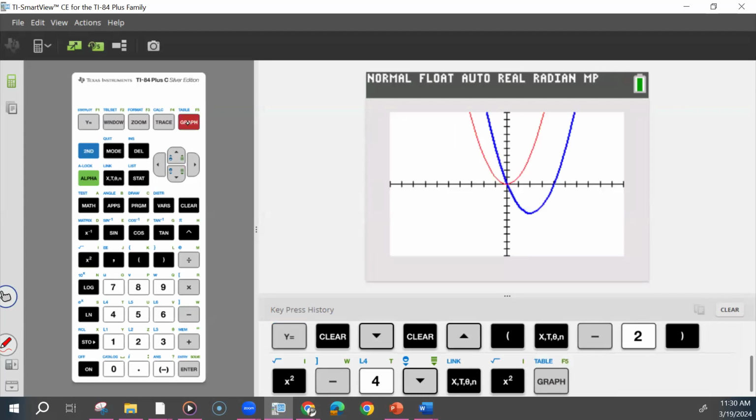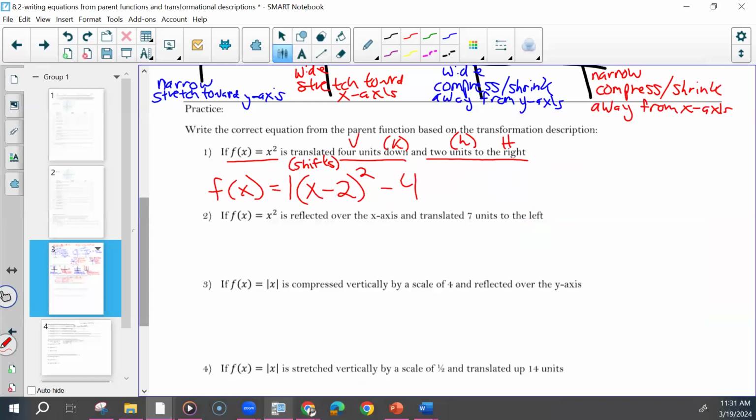If this was my original, I see that it moved to the right 2 and down 4. It looks like it got wider, but that's just because it's at a different place. It didn't actually. It's the same. Questions on that before we do another? Okay.